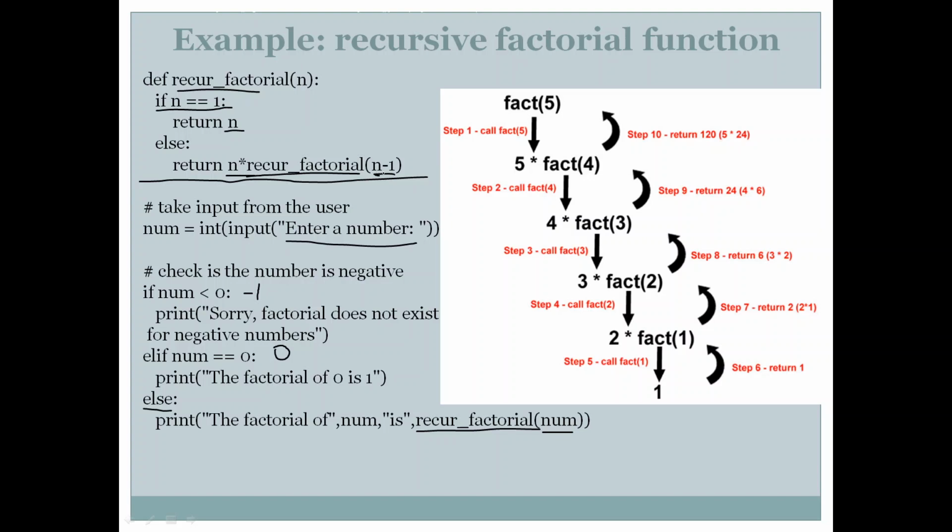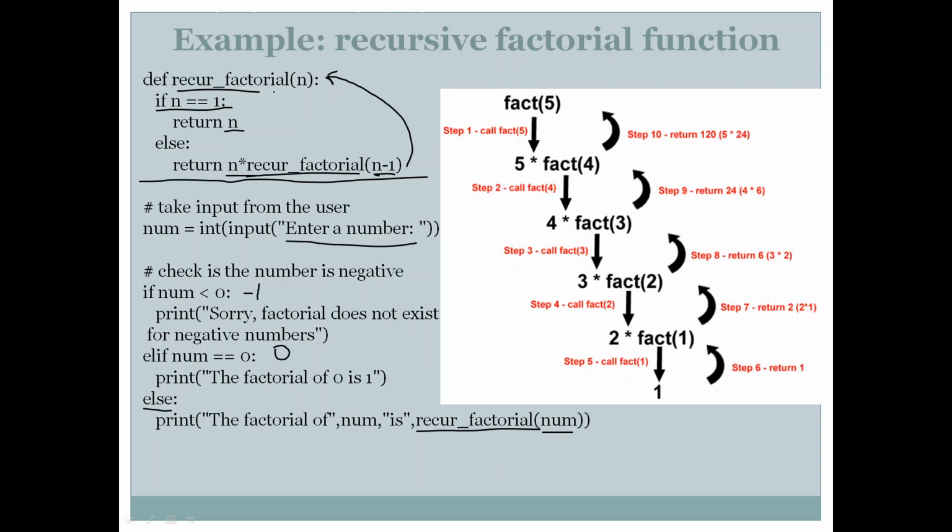So it is n minus 1. We deduct 1 from n and call the same function again. That is the reason this is called a recursive function, calling itself. From the body of recur factorial, we are again calling recur factorial.